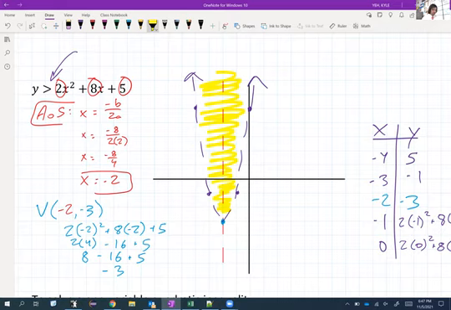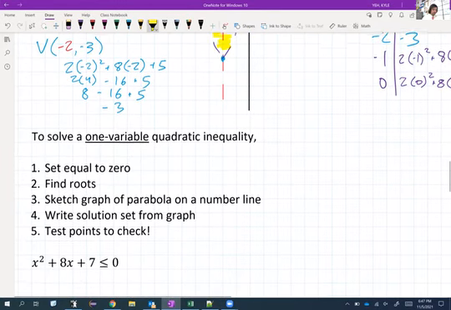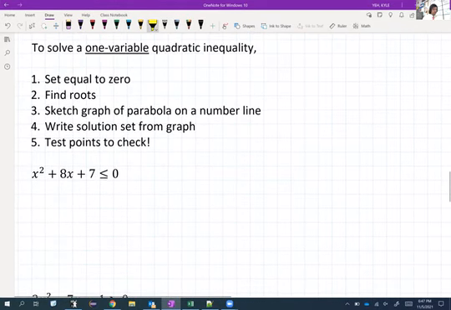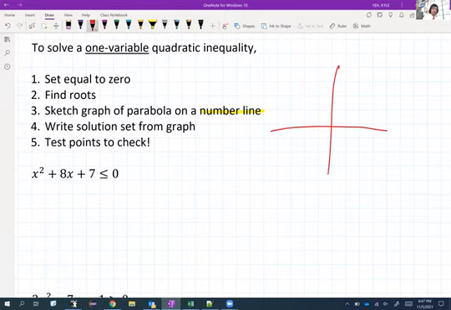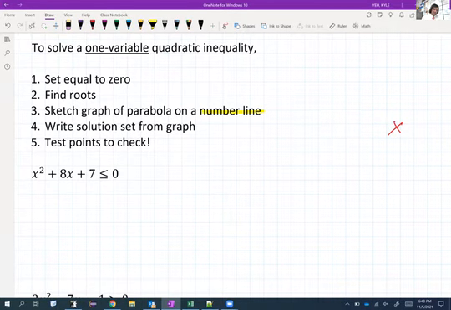But we do want to talk about one variable inequalities. There are a couple different ways to do this, and the way that I'm going to propose is a little different from the textbook. The textbook talks about one variable, put it on a number line, because if it's a two variable inequality, we have x's and y's, but if it's a one variable inequality, it's just x's on a number line.